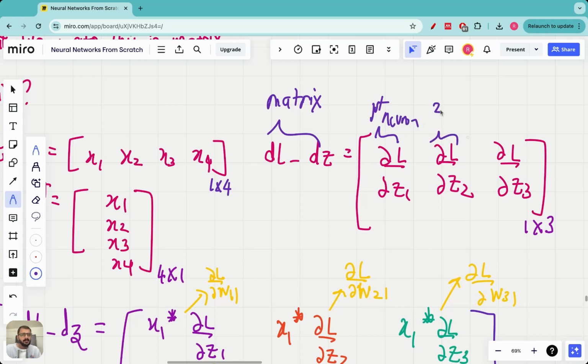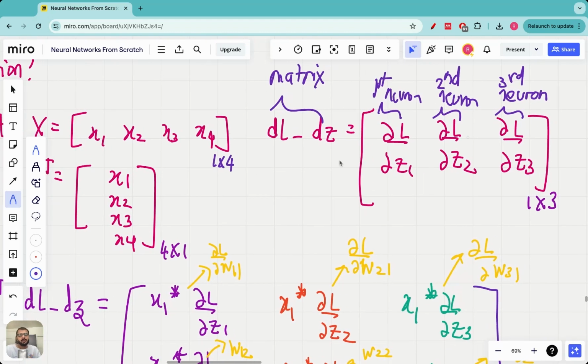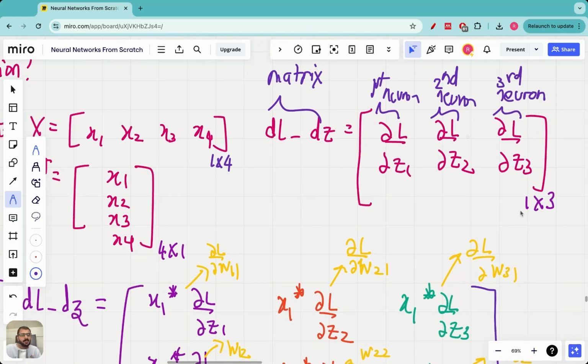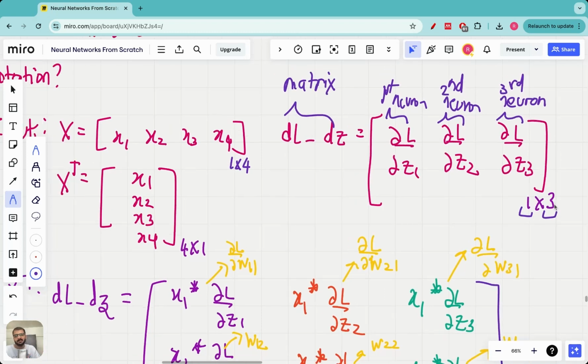This is the second neuron. And this right here, that's the third neuron. Okay. So this matrix DLDZ has one row and it has 3 columns. So it's a 1 by 3 matrix.